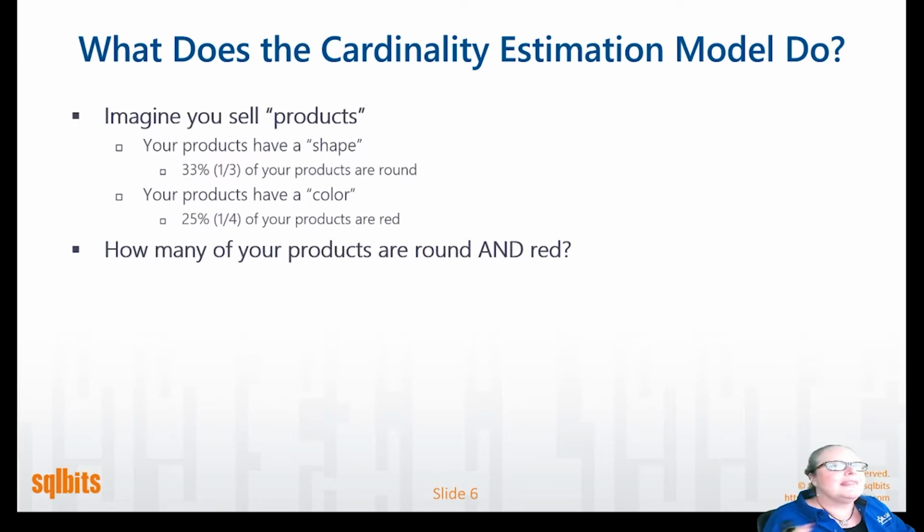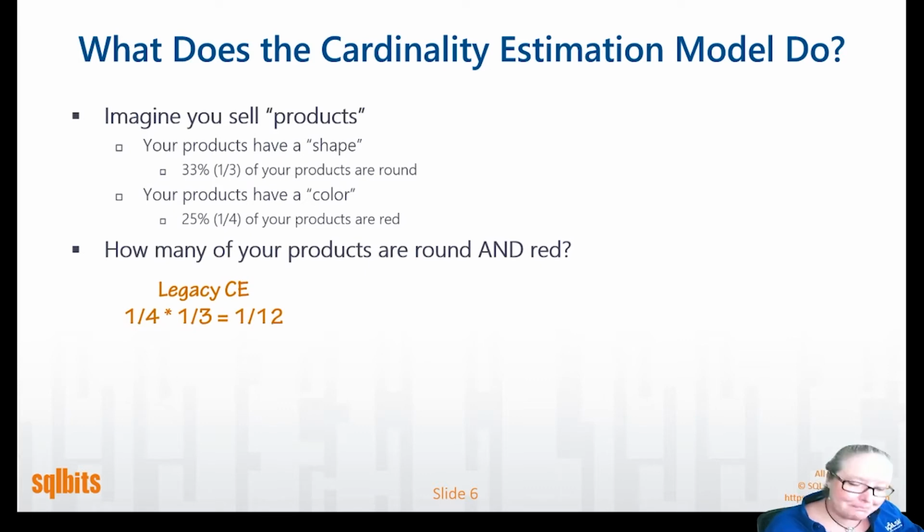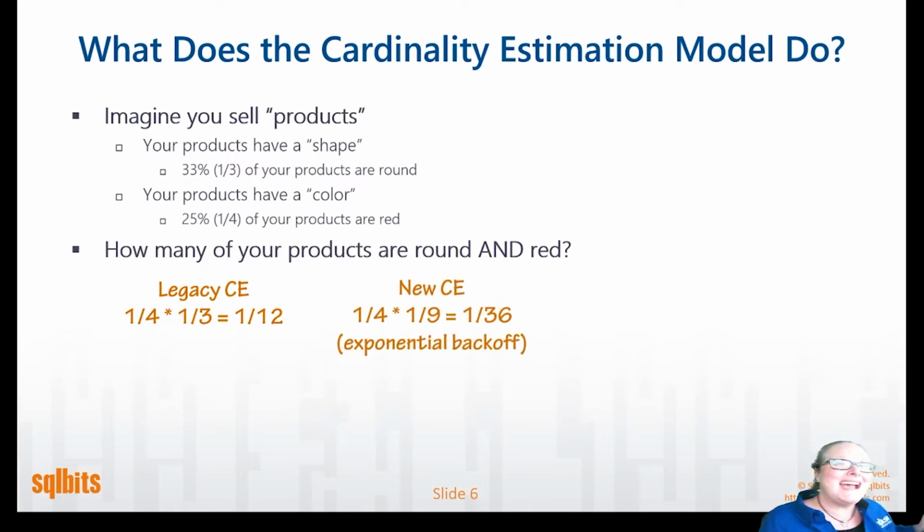Now, what the legacy CE did for its calculations is it basically assumed even distribution. So if 1/3 of our products are round and a quarter of our products are red, then you can basically say that a quarter of a third of our products, 1/12, would be red and round. Okay, so the legacy CE would basically say 1/12. The new CE essentially says, we don't think that everything is going to be perfectly evenly distributed.